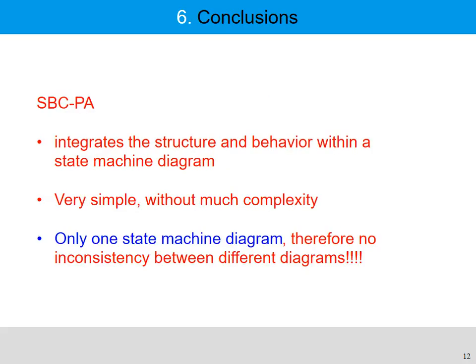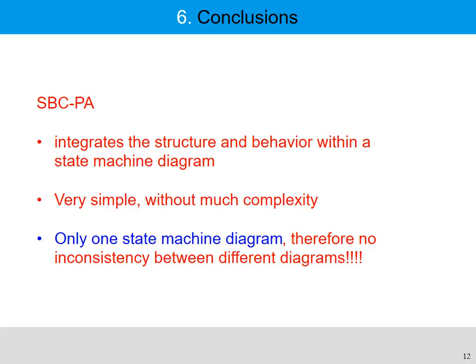Now let's have the conclusions. We say SBC process algebra really integrates the structure and behavior within a state machine diagram. Secondly, SBC process algebra is very simple without much complexity. The third one, there is only one state machine diagram.